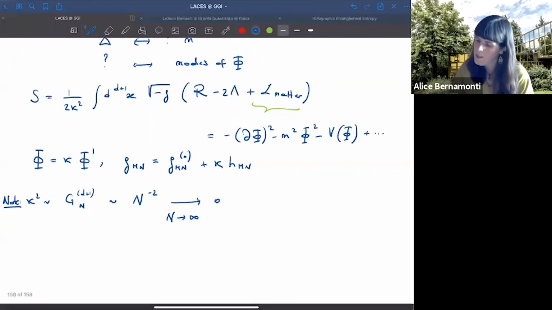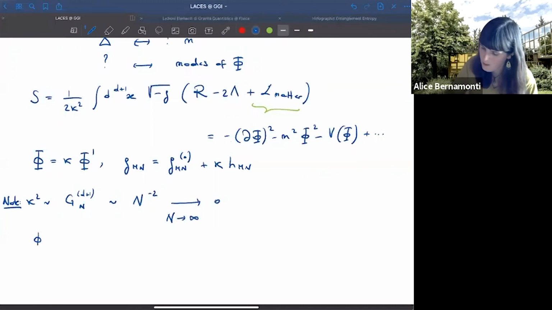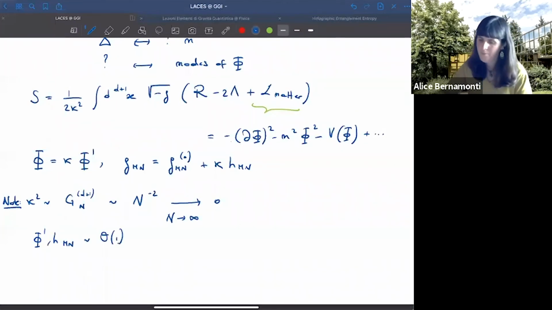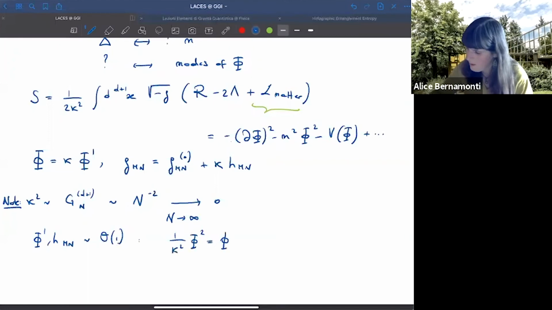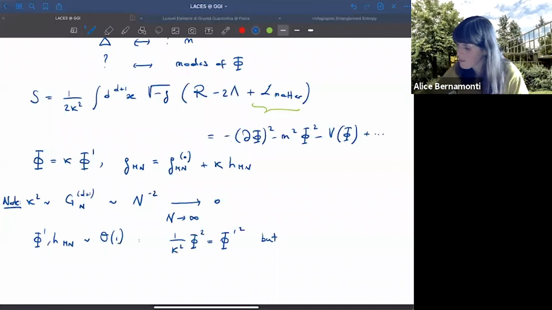And so if we take fields or fluctuations of the fields, phi prime and h prime, which are order 1, well, we see that quadratic terms do not scale with kappa once we canonically normalize, but higher order terms will.